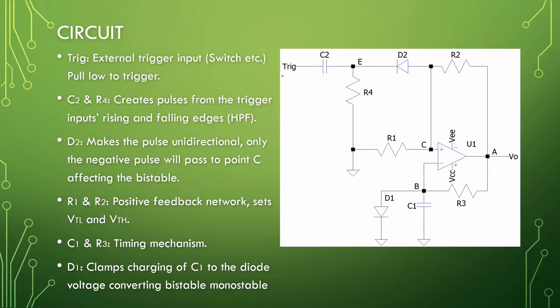The trigger, the place where you take and pull it low to trigger the circuit, is up here, and the output down here. If we insert a trigger, this is basically a quick happening or a discontinuity, and the discontinuity will pass through the capacitor, but the DC will not.